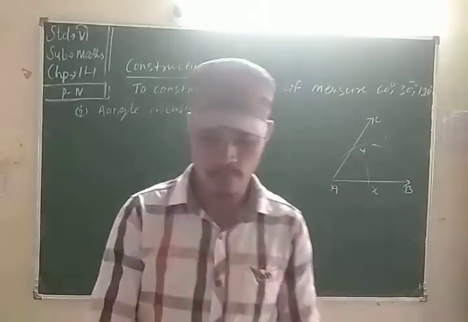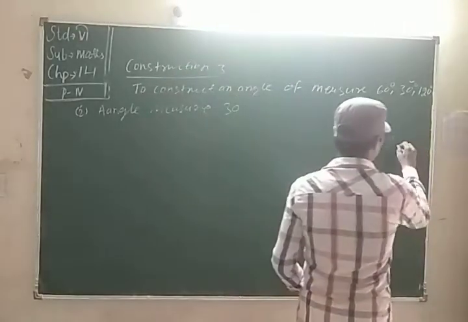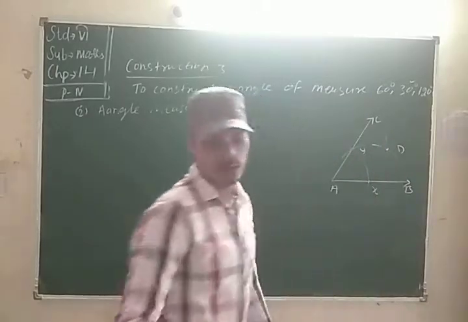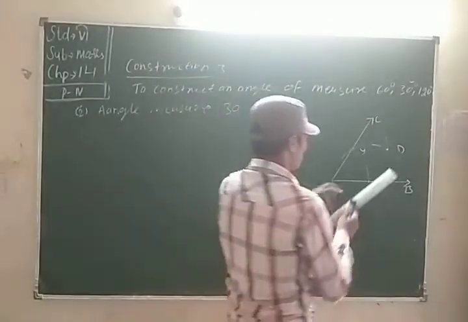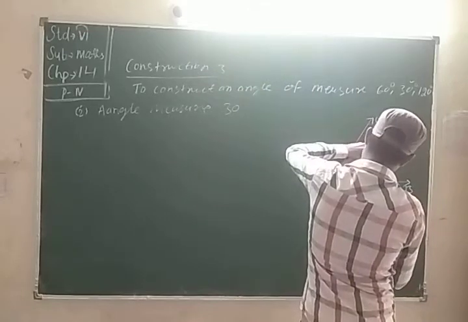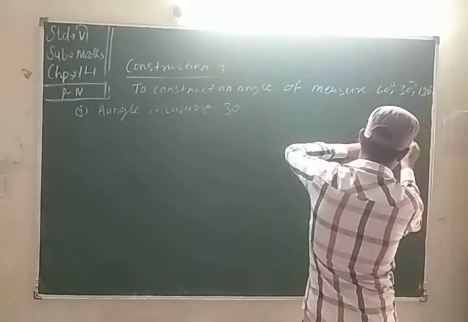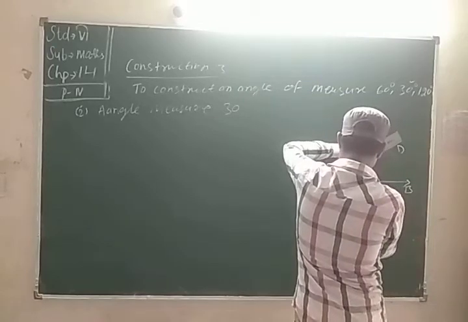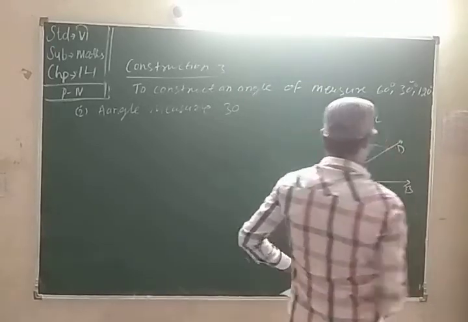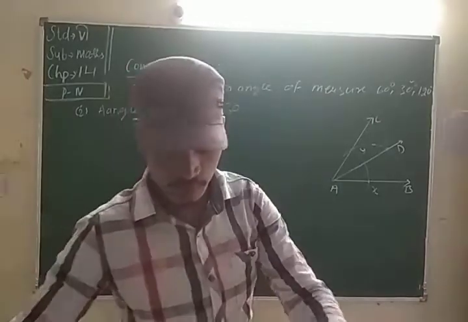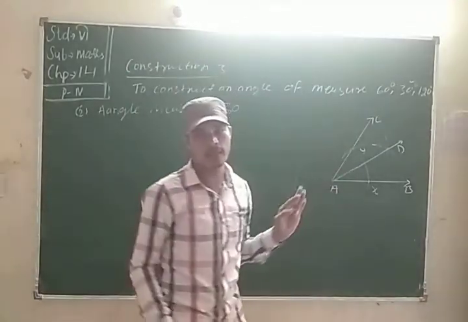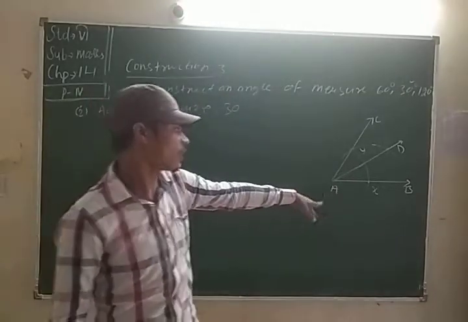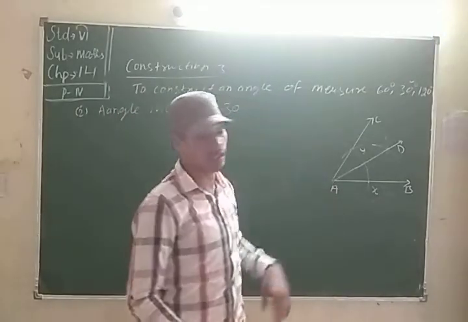Give the point the name D. Then join D and A using the ruler, and we get 30 degrees. Clear about it? How do we construct 30 degrees? Bisect 60 degrees. Half of 60 degrees is 30 degrees. Clear about it?